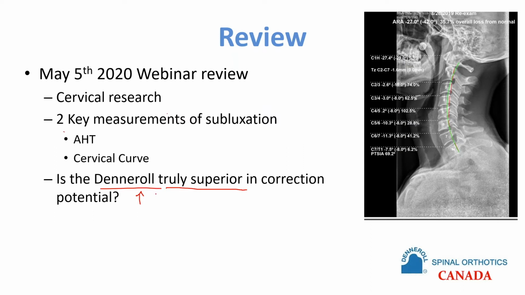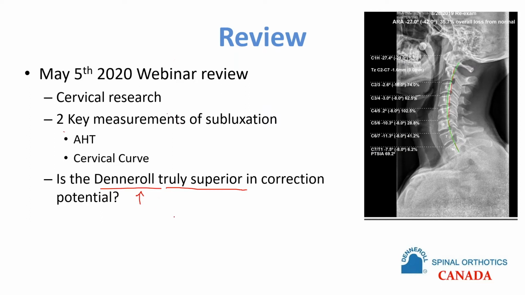And that is in relationship to other rolls out there, because you have big companies that are marketing these different corrective orthotics for the cervical spine, and they talk about curve correction, but the reality is 90%, if not more, don't have any real research to support the claims that they make about cervical curve correction. And so that often really kind of bugs me.